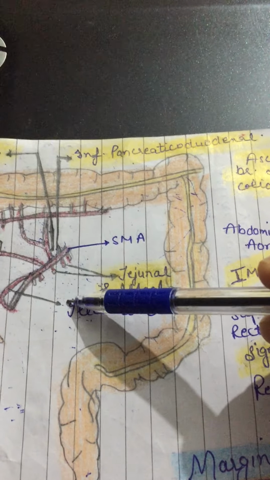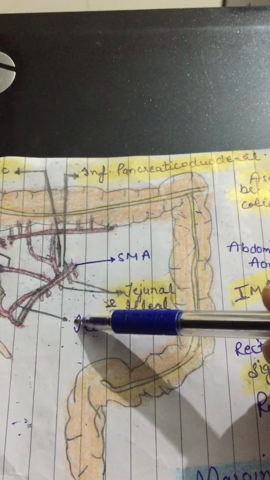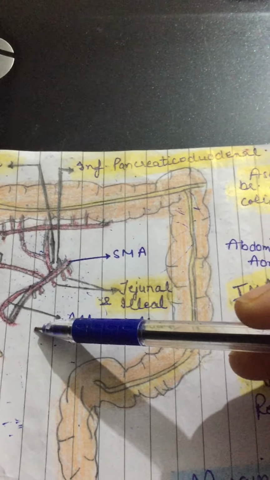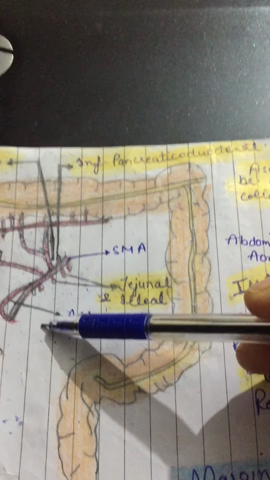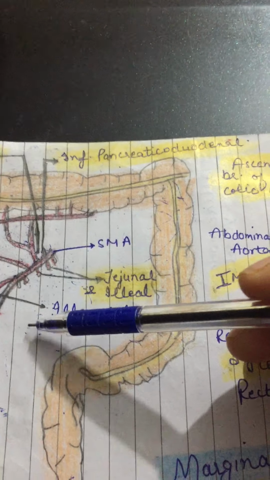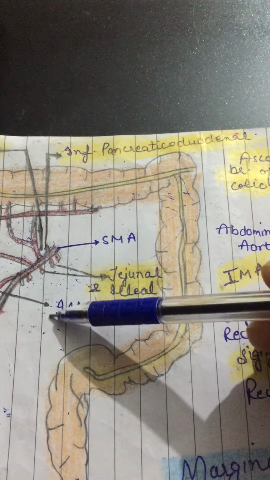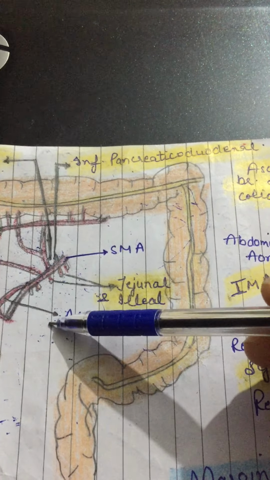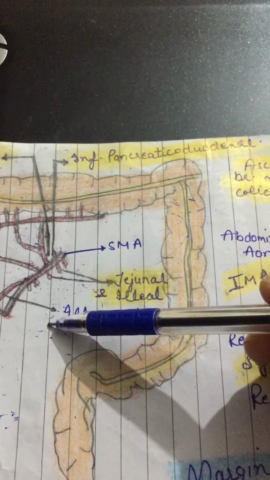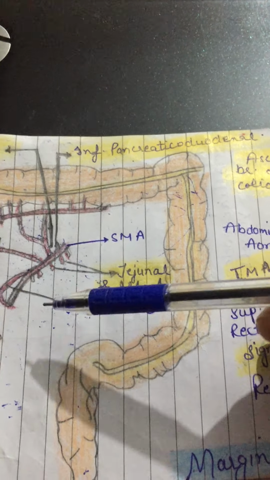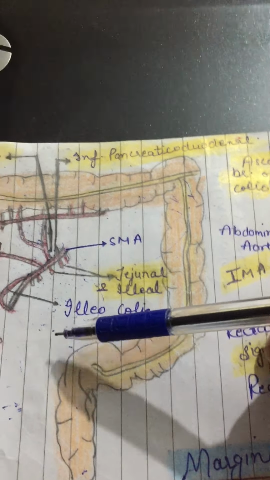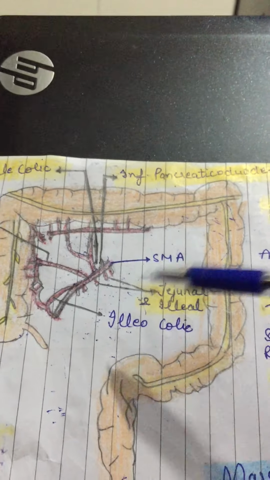These branches supply the jejunum and most of the ileum, and the terminal part of the ileum is also supplied by the iliocolic artery, right? On passing from jejunum to ileum, the arterial arcades increase from 1 to as many as 5, and the vasa recta are longer and less numerous in the jejunum than in the ileum, as I already discussed in the small intestine chapter, right? Now this is all about the superior mesenteric artery.